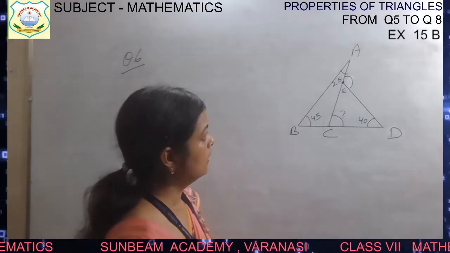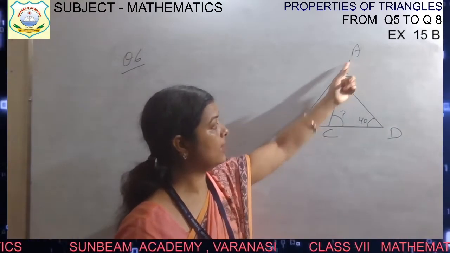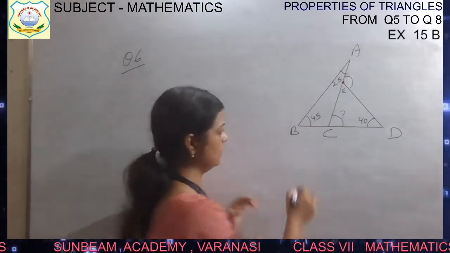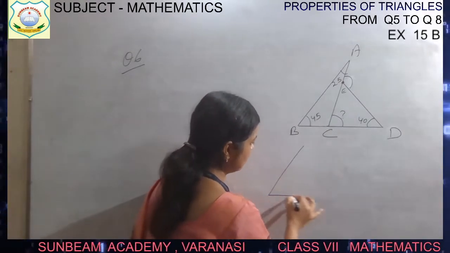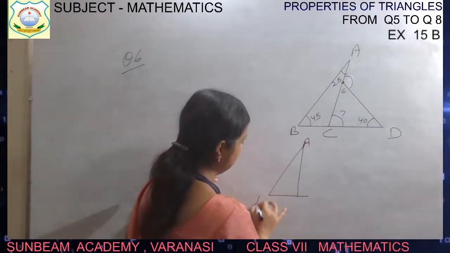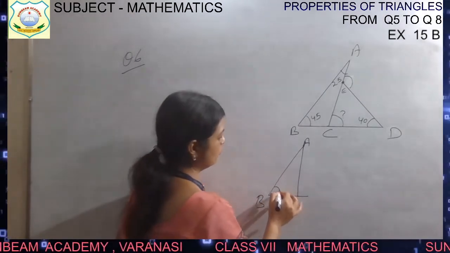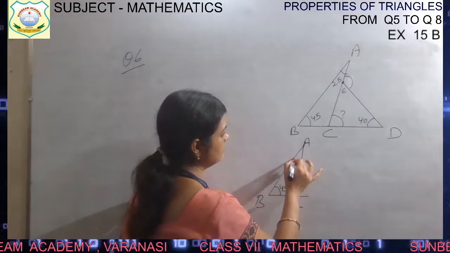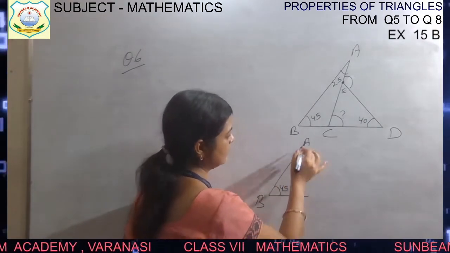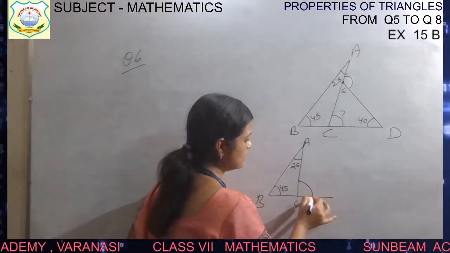Now children, if you will see this triangle, triangle ABC, use this triangle. So angle B is 45 and angle A is 25, given, and this angle we have to find. And what is this angle, children?